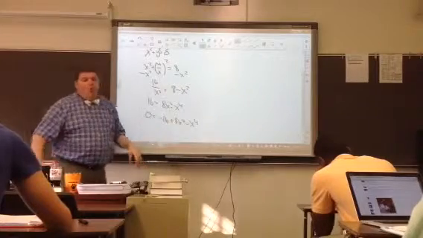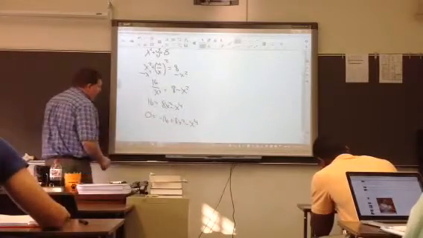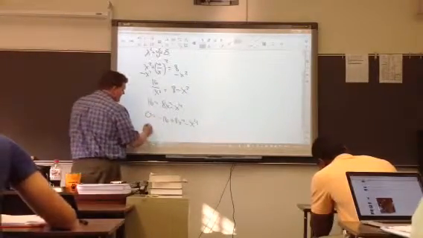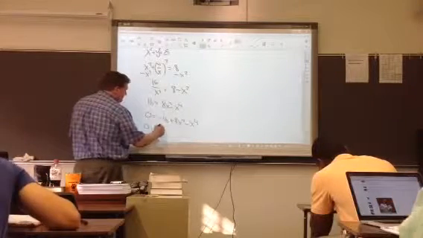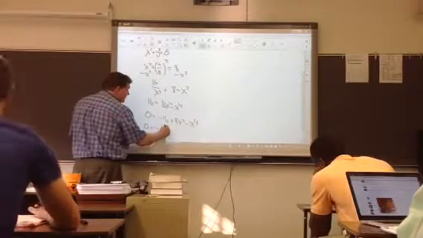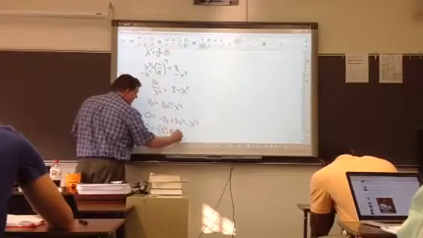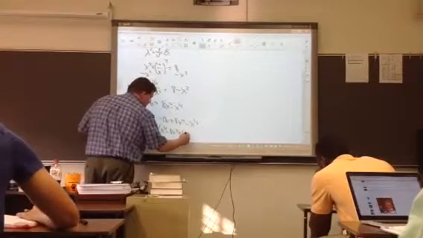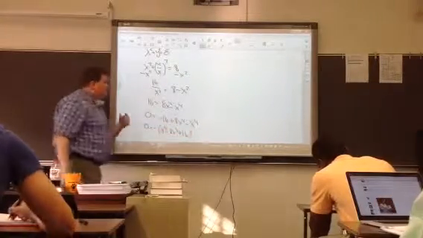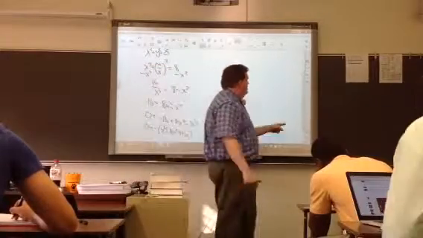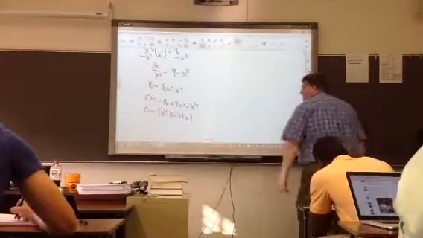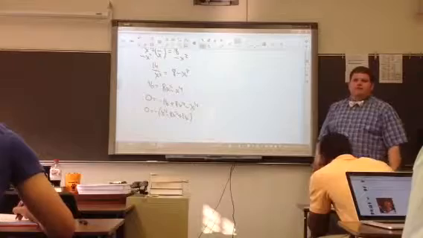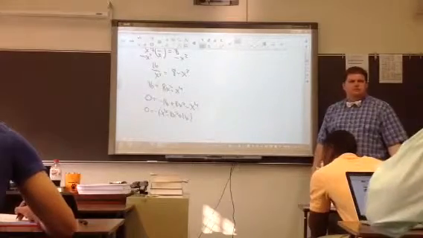In fact, with a quick rewrite, I could rewrite this as 0 equals minus x to the fourth minus 8x squared plus 16. And does that factor? What gives me 16 multiplication-wise? Negative 4 times negative 4, right?